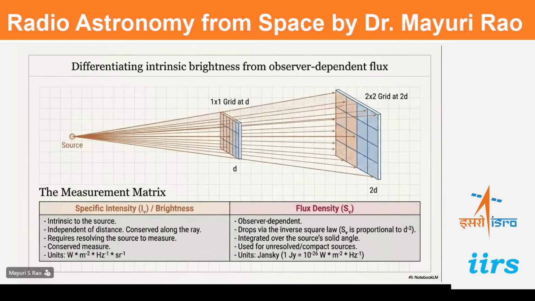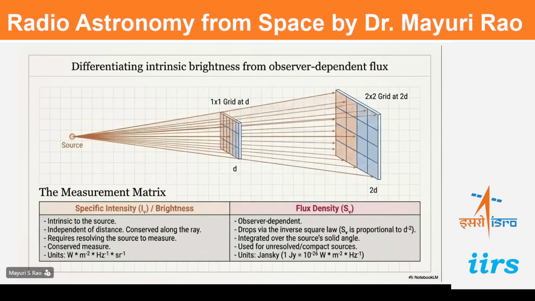But what we actually end up measuring is something called the flux density. So it is the amount of this power that is actually falling on us, and that is what we end up measuring. So from the flux density, we can try to infer the effective brightness of the source.